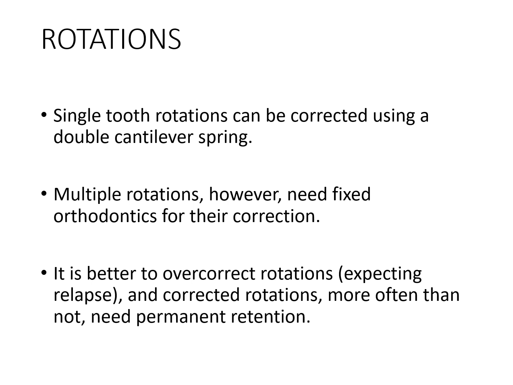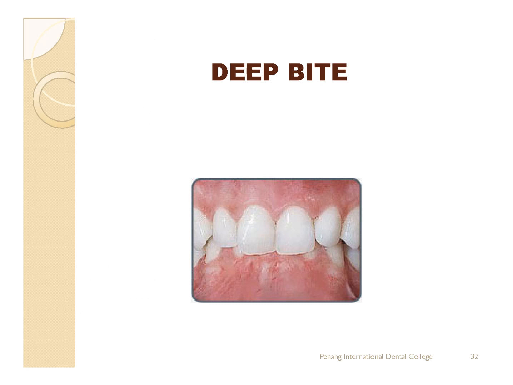Multiple rotations definitely require fixed orthodontics for the correction. And this is an MCQ question and very, very important: rotations are one of the most common malocclusions which require permanent retention. Of course, others also do, but it is advised to overcorrect a rotation because it is going to relapse for sure.